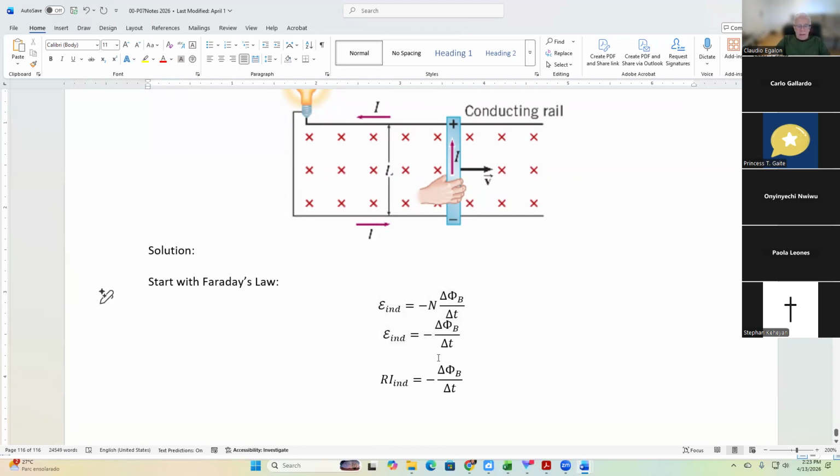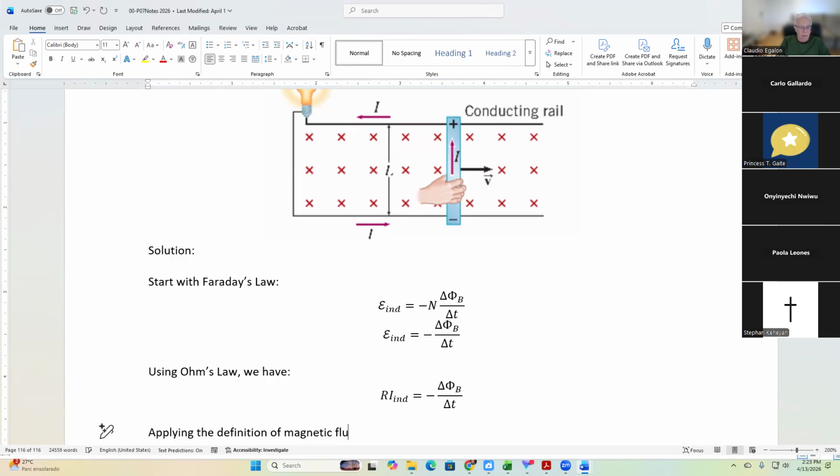The induced electric potential can be related to the induced current and the resistance by Ohm's law. Using Ohm's law, we have the resistance of the light bulb times the induced electric current. Now we are going to apply the definition of magnetic flux.